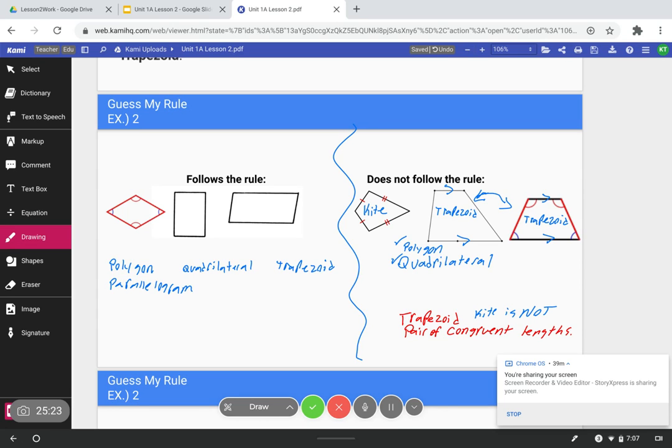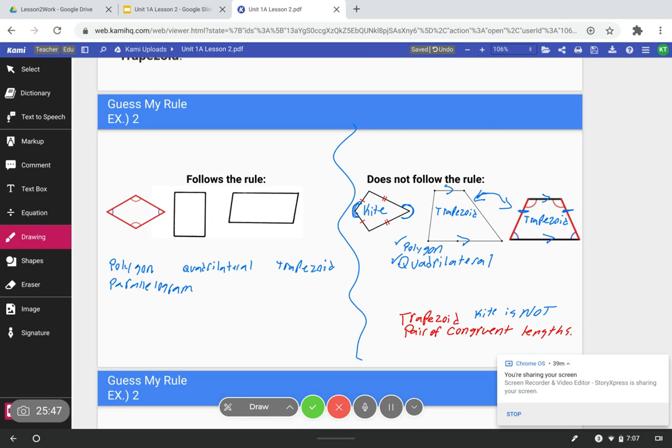And we know the rule that these shapes over here don't follow is a pair of congruent lengths. Okay, so look, the kite has 2 pairs of congruent lengths, and the trapezoid has 1 pair of congruent lengths.